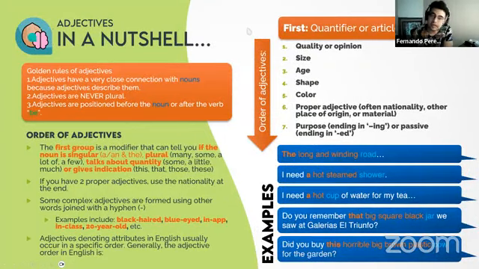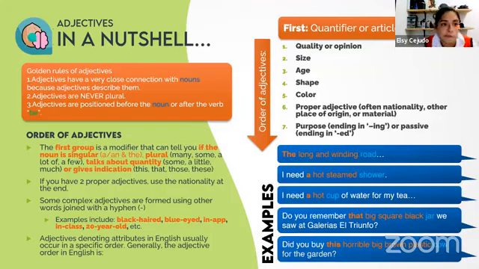The correct position of adjectives, order of adjectives, complex adjectives with hyphen, adjectives to describe a person, to describe the qualities of a person, age, 21-year-old, 24-year-old, etc. And the order. Okay.